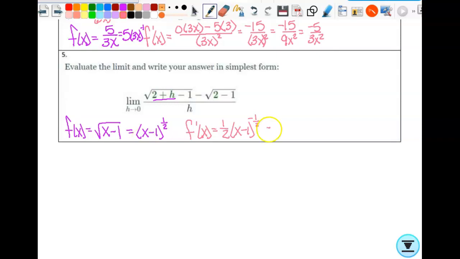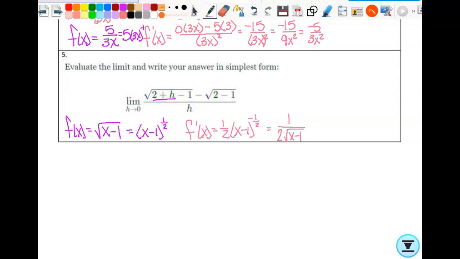And then I would write this as, because in the end, you really don't want to leave negative exponents if you're going to have to do something with it. So 1 over, so that 2 goes down there, and then this is the square root of x minus 1. Okay? We good? What questions you got?